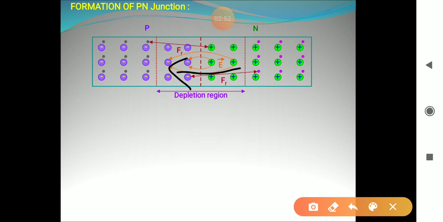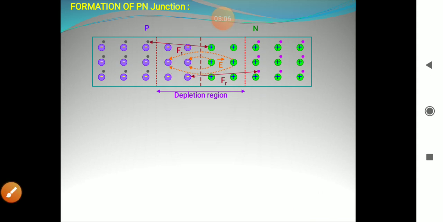So due to this electric field, a potential difference is set up at the junction, with n side being positive and p side being negative. This potential difference is called potential barrier.